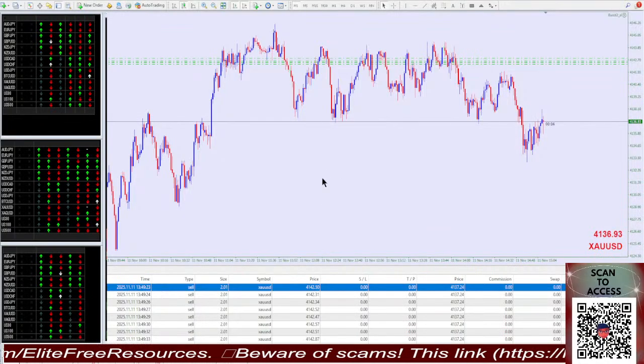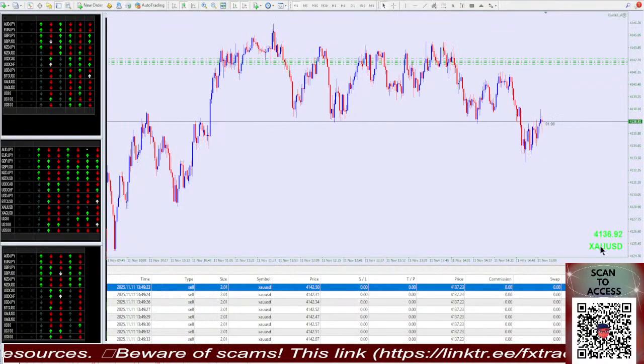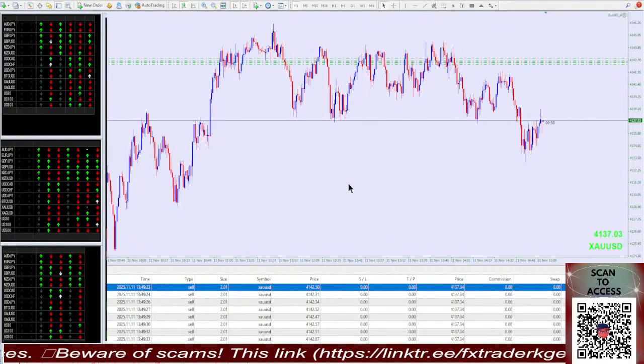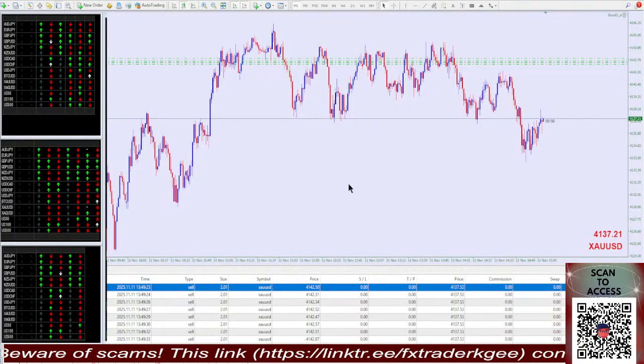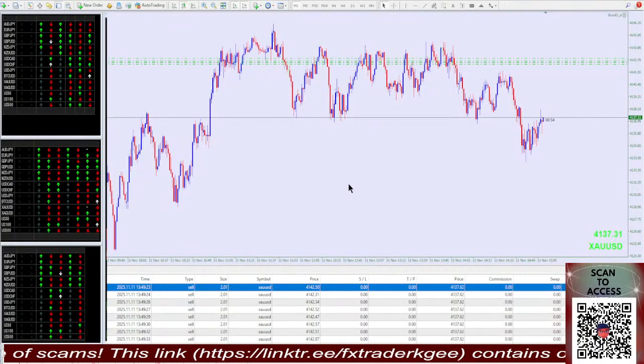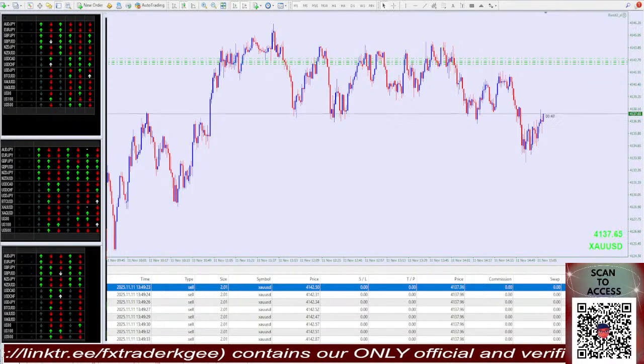I also have a buy order. This is actually XAU USD. I also have a buy order on GBP USD. Yes, GBP USD is also on the buy side on a different account.